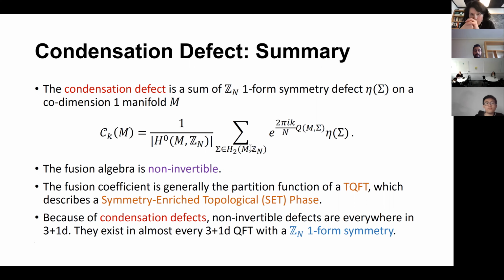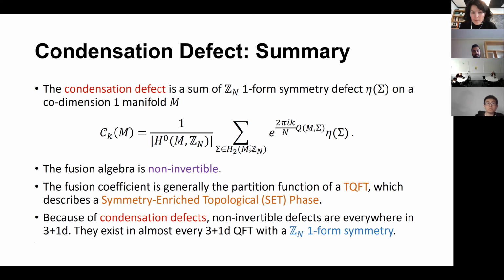And we can talk about the fusions of these condensation defects. This fusion algebra is in general non-invertible. The fusion coefficients that appear in this fusion algebra can be thought of as the partition functions of a TQFT. This TQFT can be invertible, for example a Z2 SPT, or it can be non-invertible, like a Z2 gauge theory.